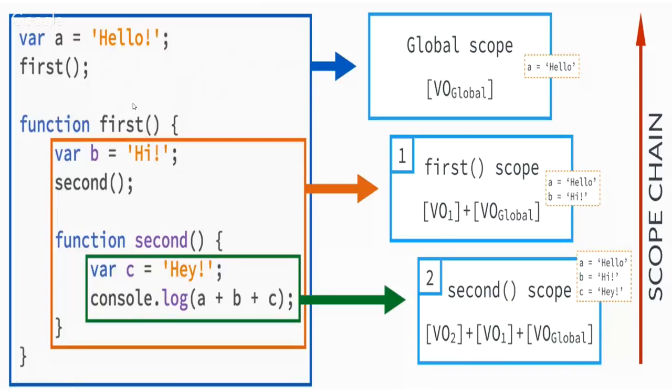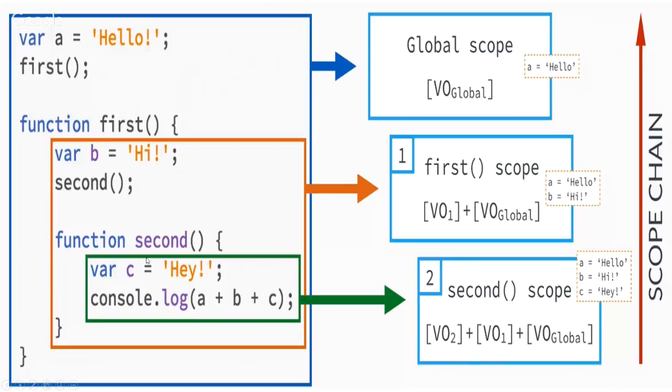So the outer scope for the first function is the global scope. So here, the blue box. Notice how the blue box contains the orange and the green one. The orange one has access to whatever is inside the orange box as well as the things that are outside, so in the global scope. So as such, it has access to the a variable and the b variable.